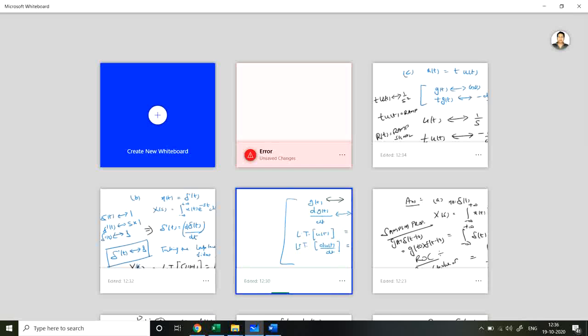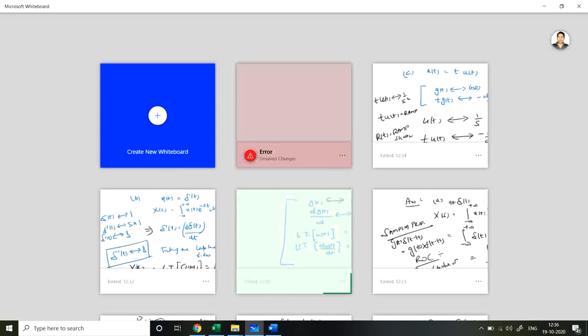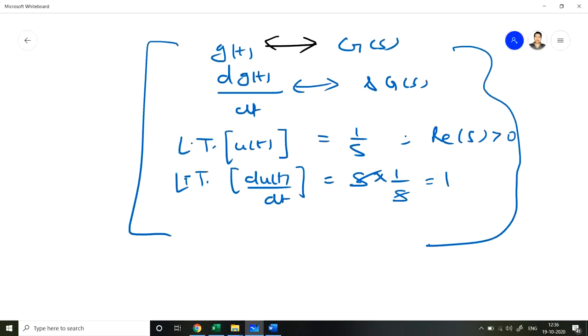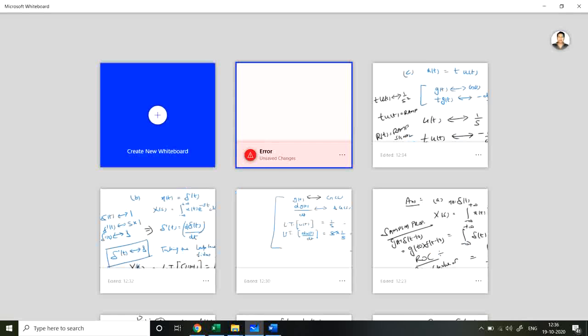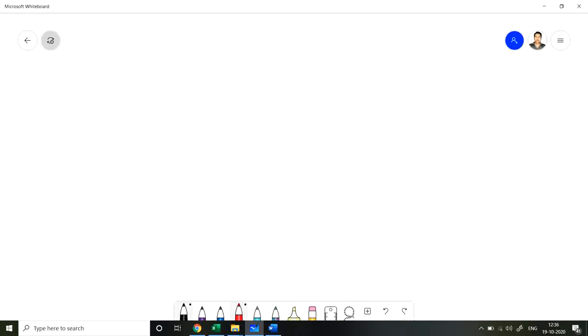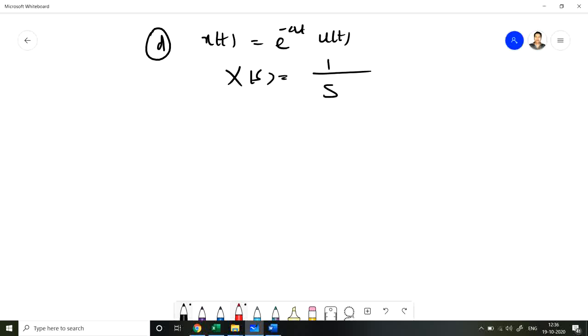So how will del dash t come? If we differentiate the unit step function u(t), del dash t is nothing but du(t) divided by dt.